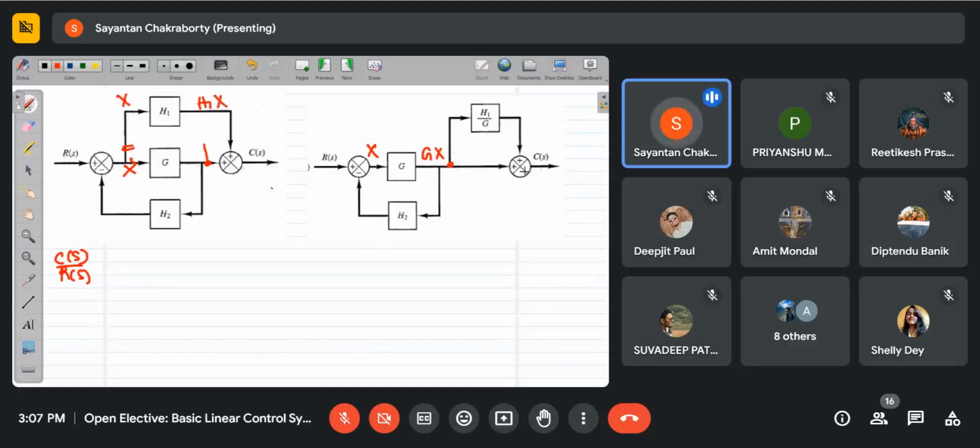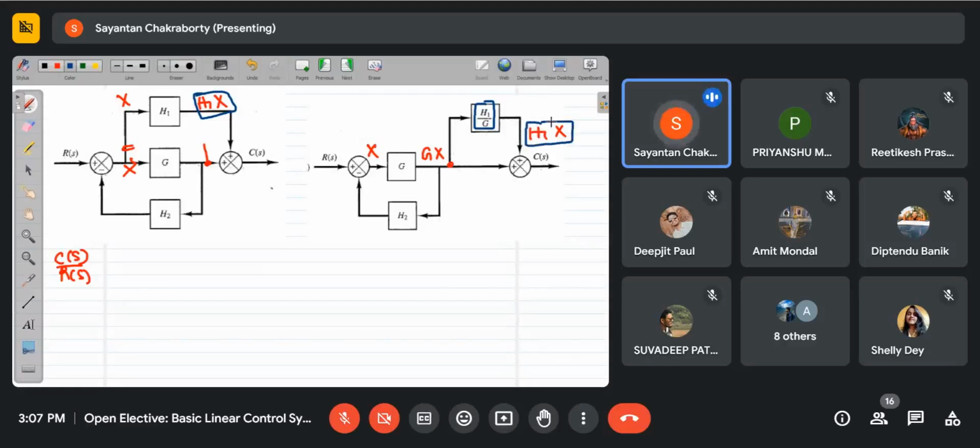So I have to make sure that whenever I'm adding this to the summer, this signal should be h1 into x. This is x, but it is already multiplied by g. So to take care of this g, I have to divide this block, or represent this block, as h1 by g. So at the end of the day, I'll get the desired signal at this point.